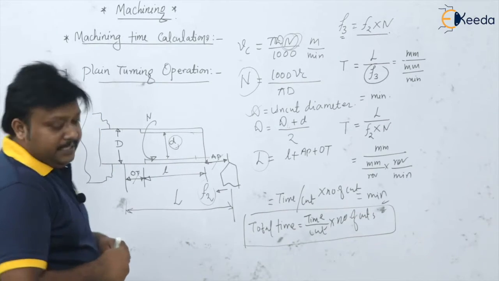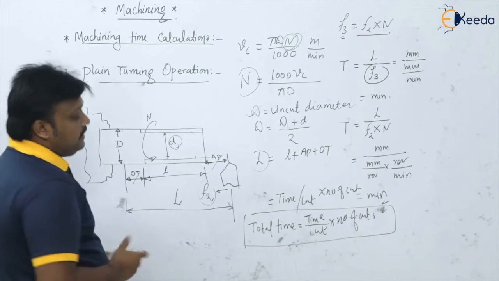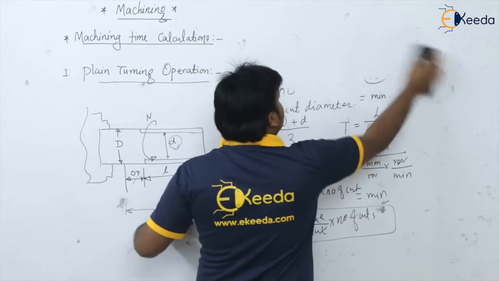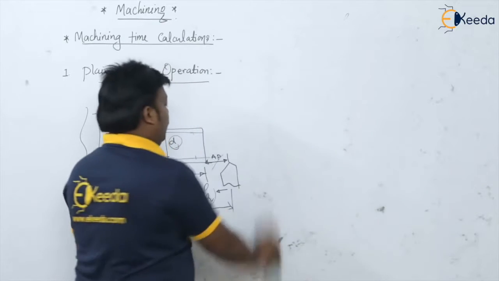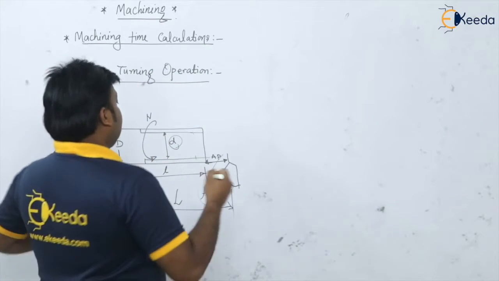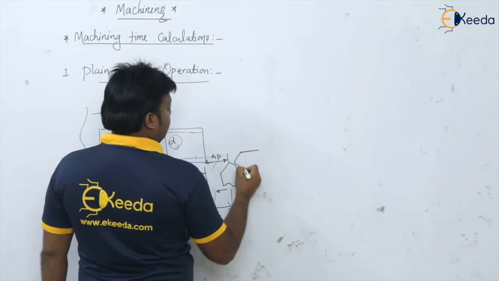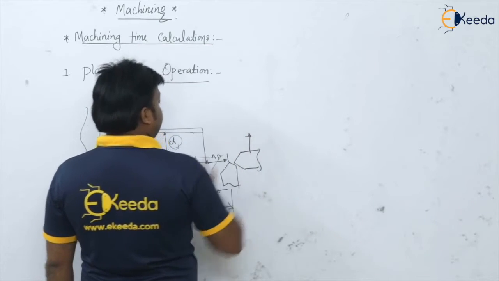Now the second condition: if I want to have the face turning operation, the tool will be here. In this position, the tool is here, and this is the feed direction.